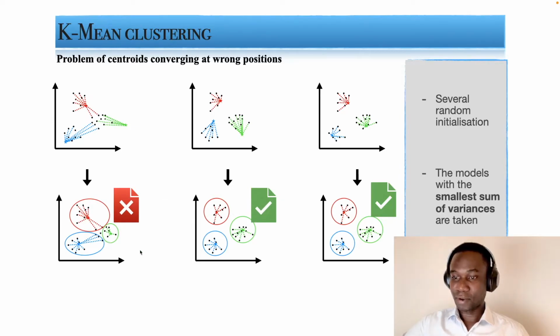And when we reach the equilibrium, we calculate the sum of the distances of the data points from the centroid. We shall choose the run that has the smallest distance from the centroid. So this is basically calculating the variance of each data point from the centroid, summing it up, then summing it up for the whole group, and giving the sum.